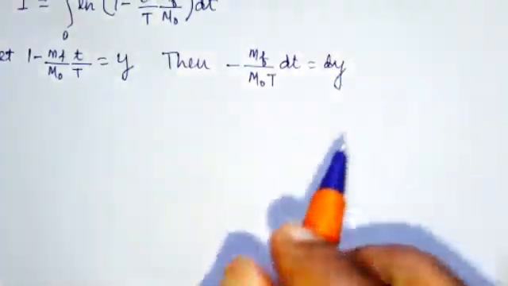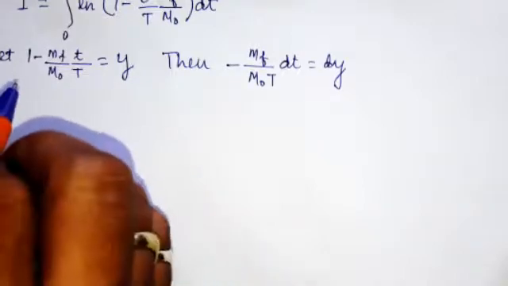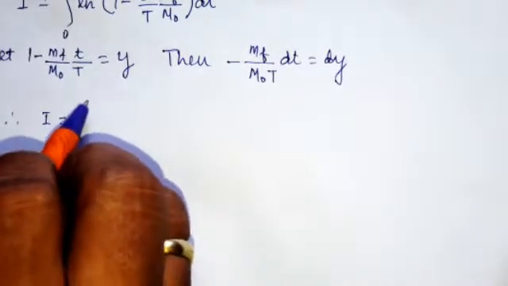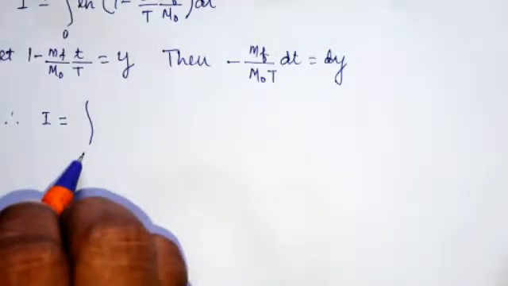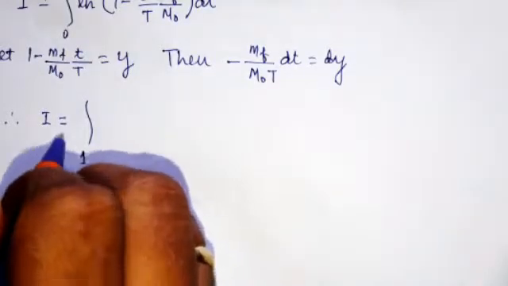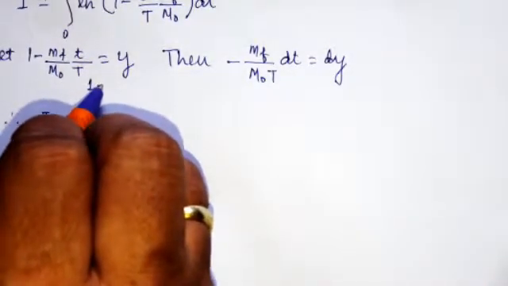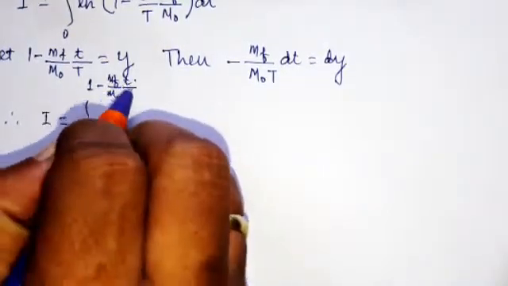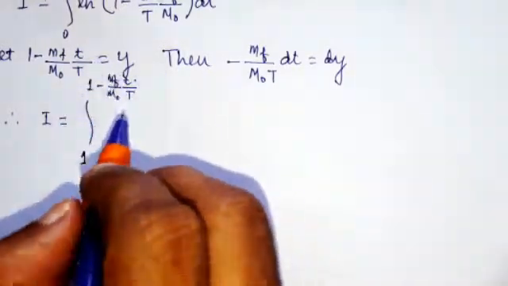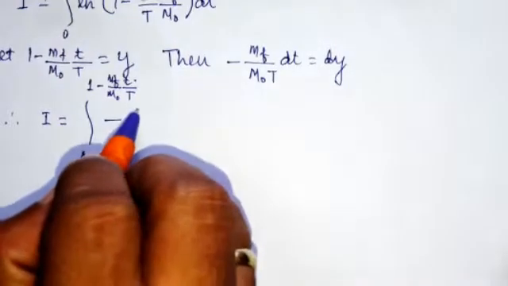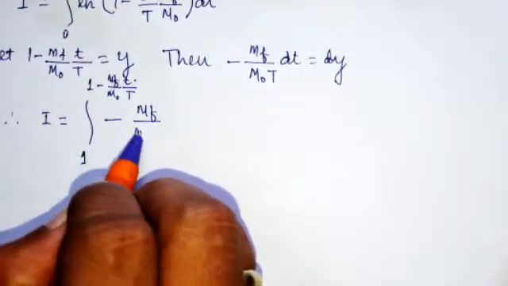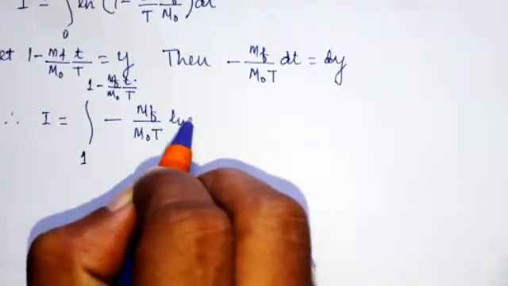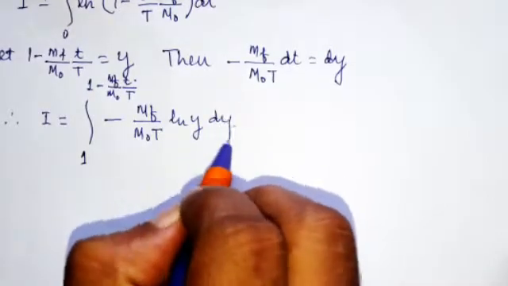We can take the differentiation. So here I is equal to, with limits from 1 to 1 minus mf upon m naught into small t upon capital T, minus this term mf upon m naught t into ln of y dy.